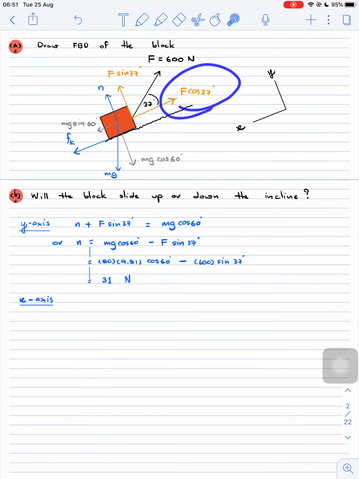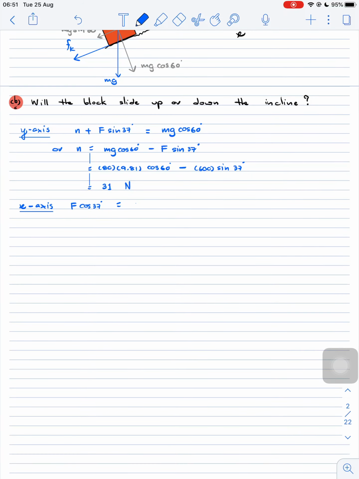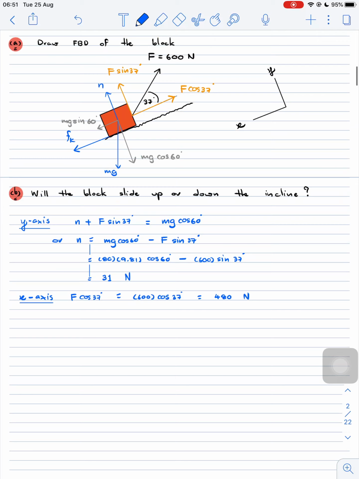Let's consider the F cosine 37 degrees first. F is 600 times cosine 37. In this case, it's going to be equal to 4x0 Newtons. This is the F cos 37.